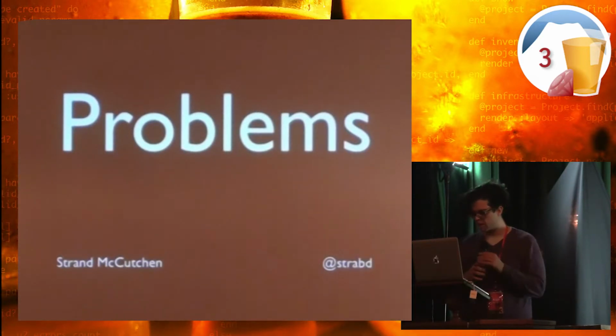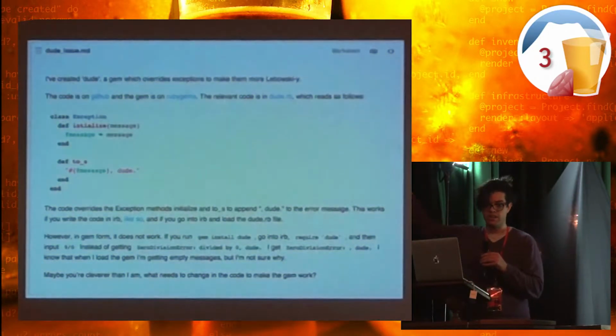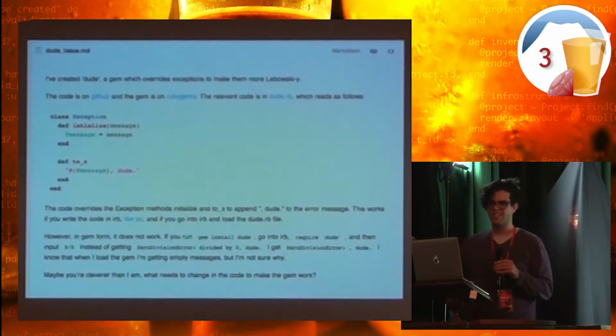And so I wrote up a nice little description. See if you can spot the error. It's pretty easy. So I put up a nice little issue description. I CC'd Avdi because I'm like, that guy's smart about exceptions. Maybe he'll figure it out.